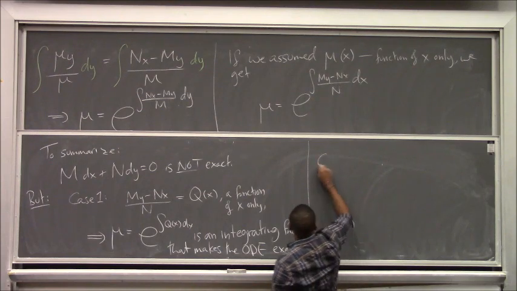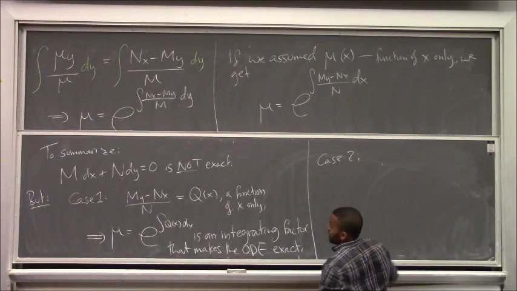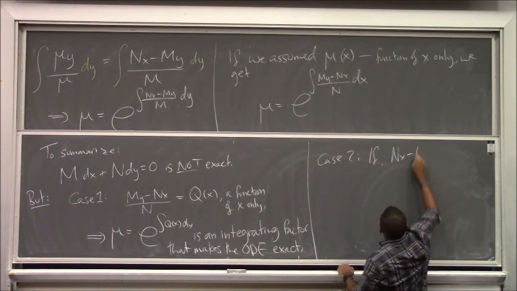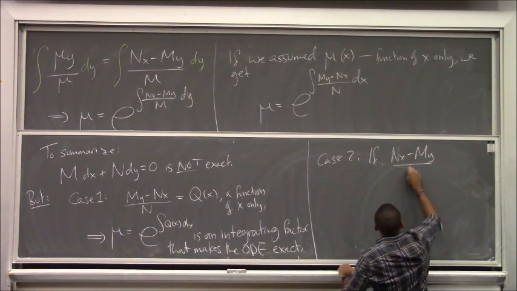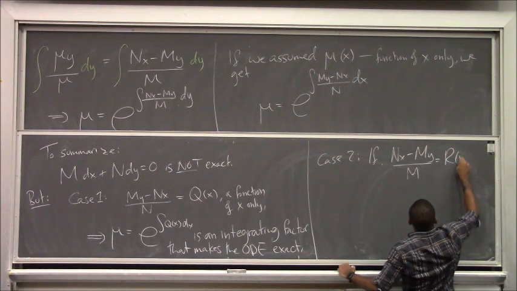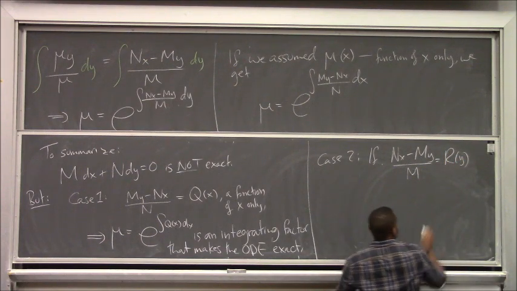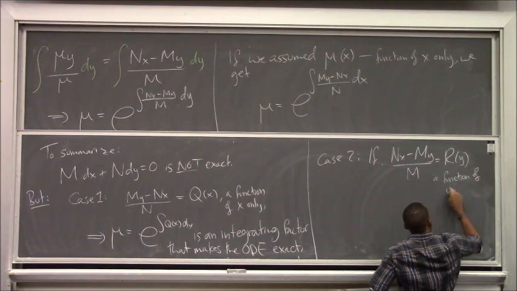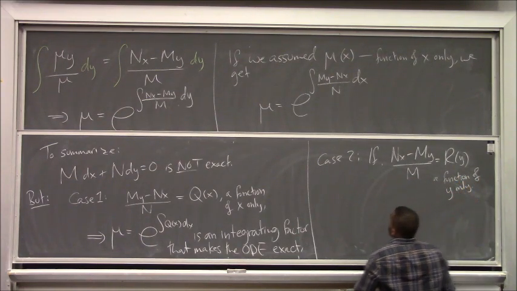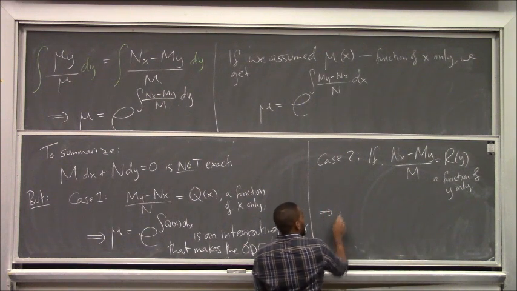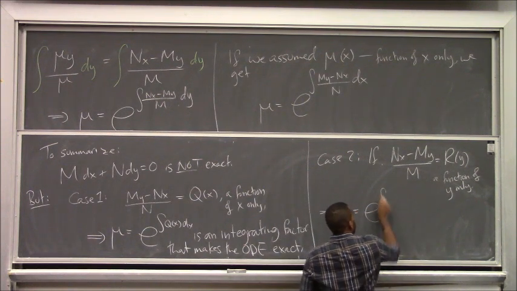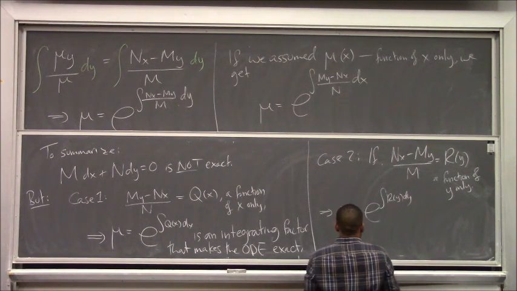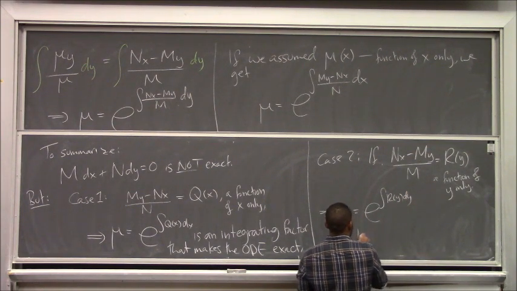And case 2, if N sub x minus M sub y over M equals, say, r of y, a function of y only, then it turns out mu equals e to the integral of r of y dy is actually an integrating factor.